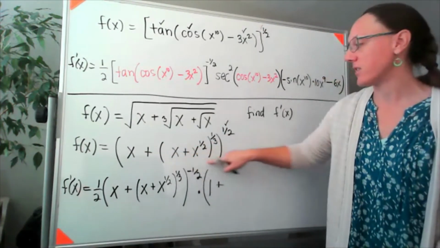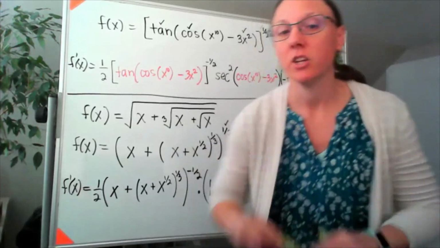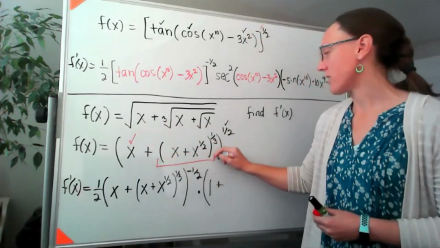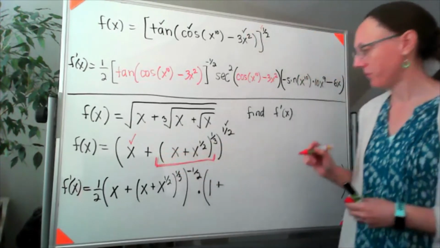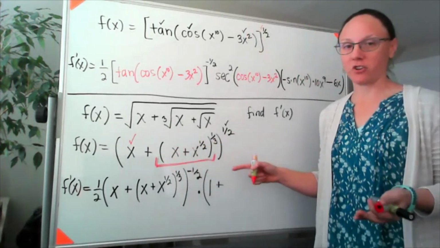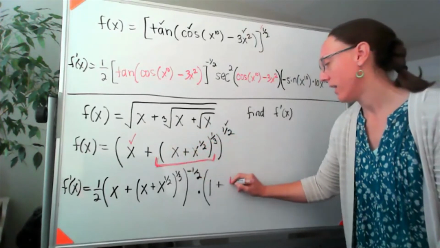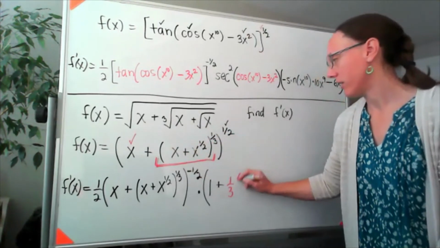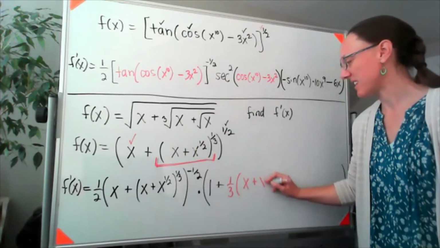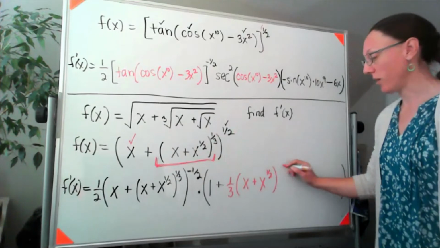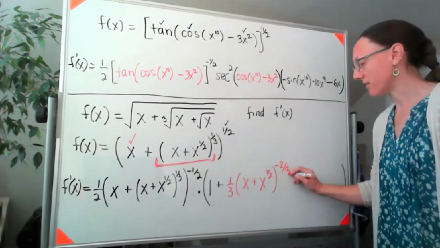Now I'm going to focus in just on this piece, and on this piece, I've got another chain rule. So I have something in parentheses to the 1/3 power, and I'll get 1/3 times what's in parentheses. 1/3 minus 1 will put me at negative 2/3.